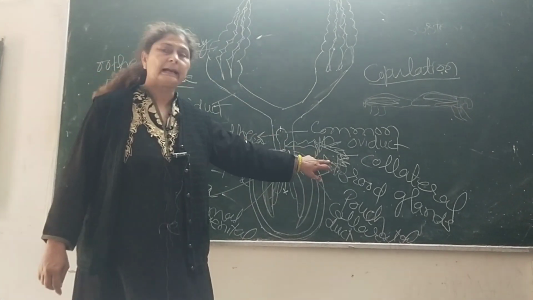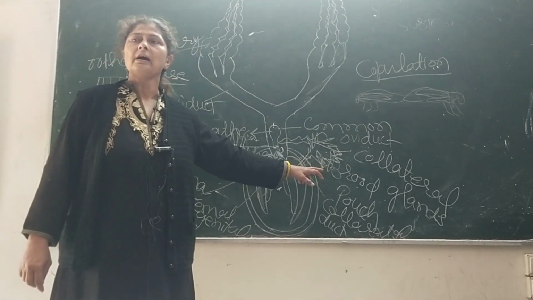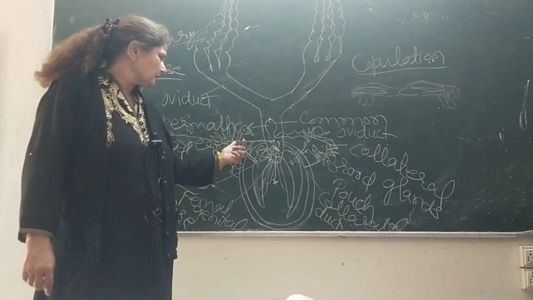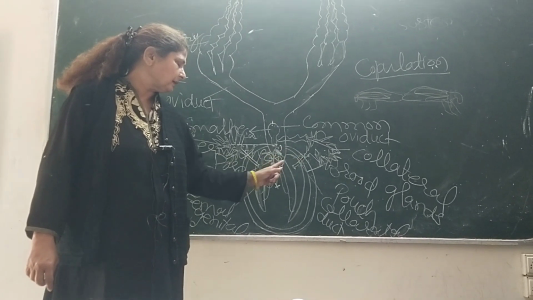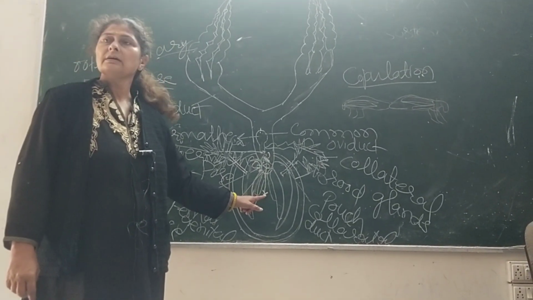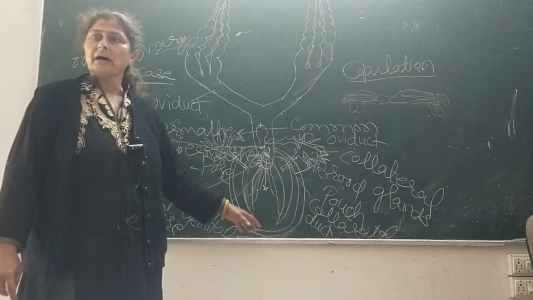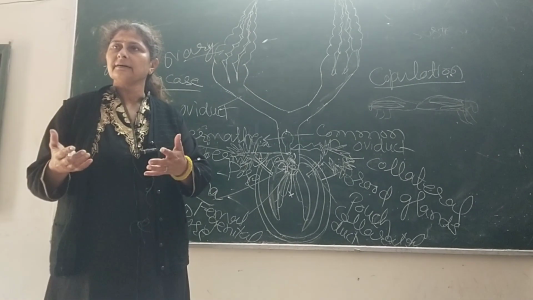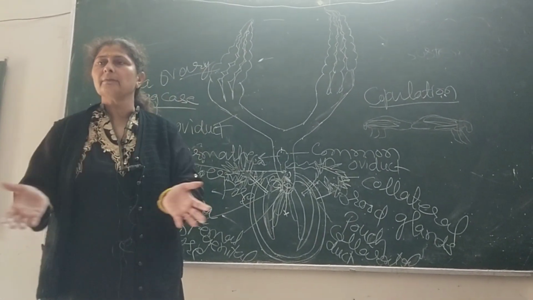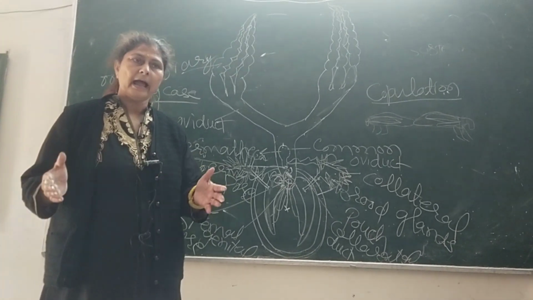From the collateral glands, one on the left side and the other on the right side, the secretions are carried by the collateral ducts and thrown onto the fertilized egg. So a covering forms around the fertilized egg.